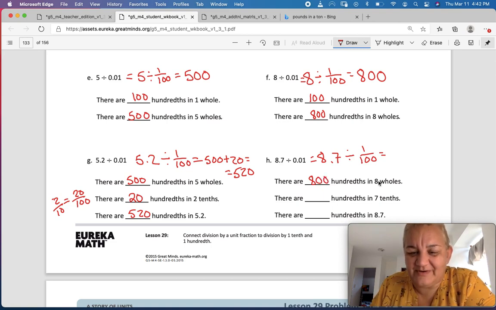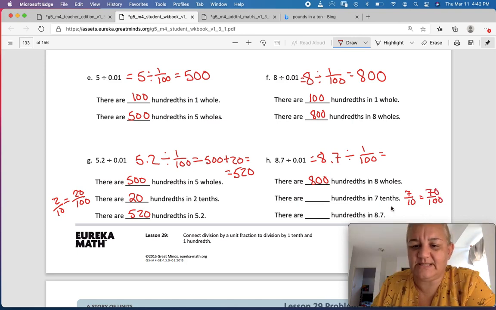And remember, 7/10 is the same as 70 hundredths. Right? Those two are the same. So there are 70 hundredths in 7/10, which would make 870 hundredths in 8 7/10.